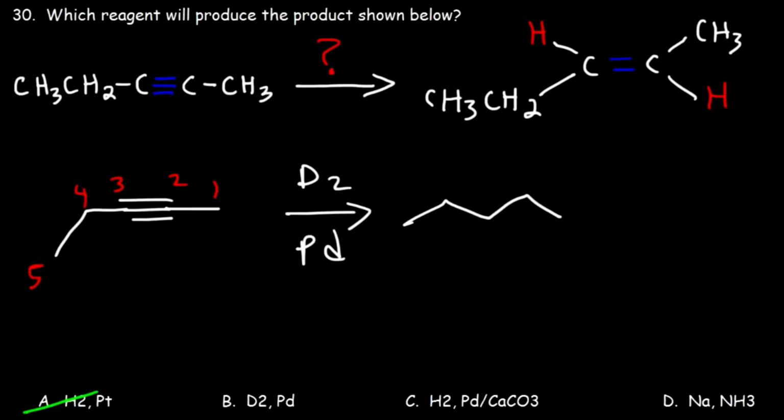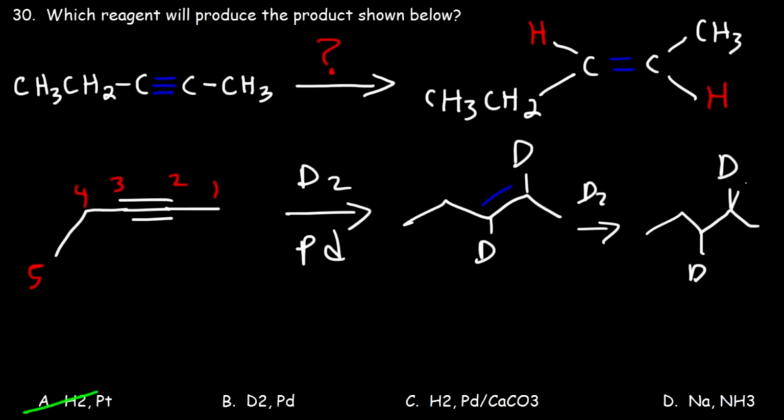To convert the alkyne to an alkene, first we need to add 2 deuterium atoms. Now, it won't stop here. This will continue. To go from the alkene to an alkane, we need to add 2 additional deuterium atoms. So this is going to be the product of answer choice B, which is not the answer that we're looking for.